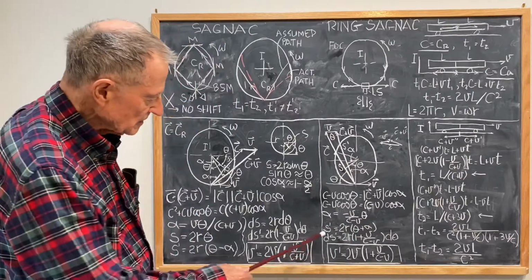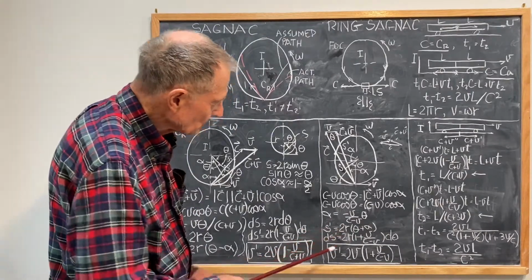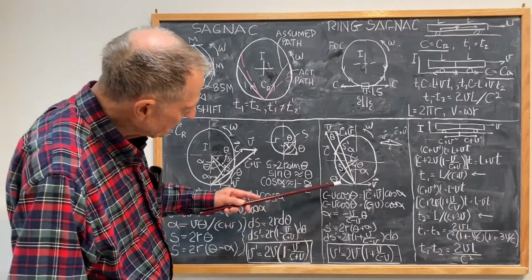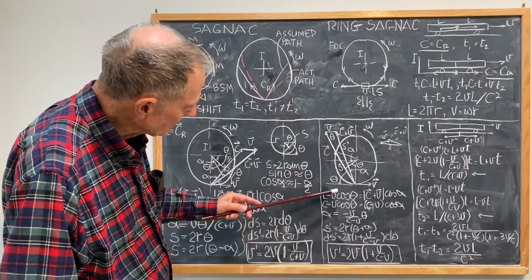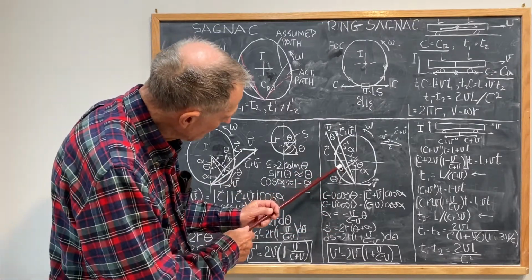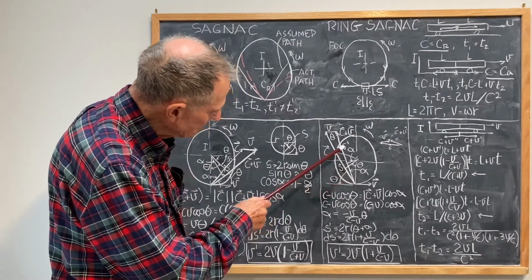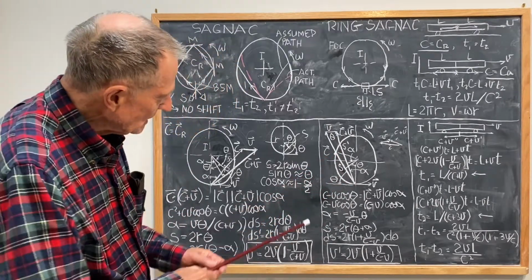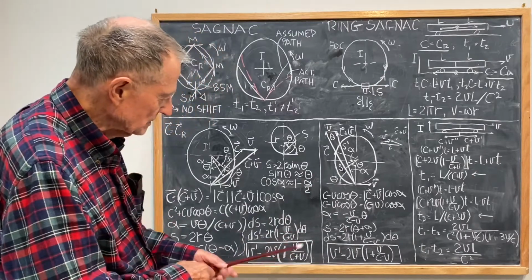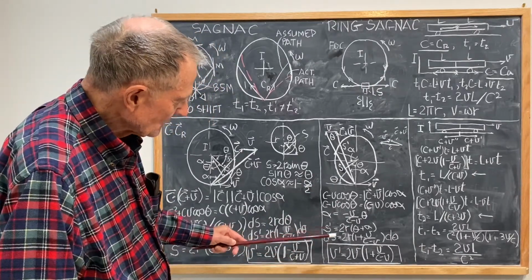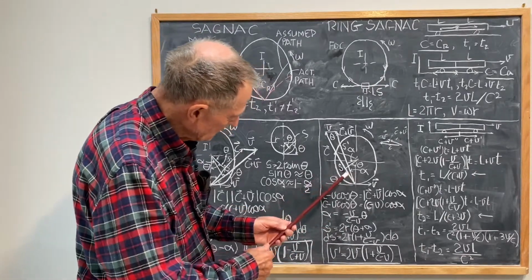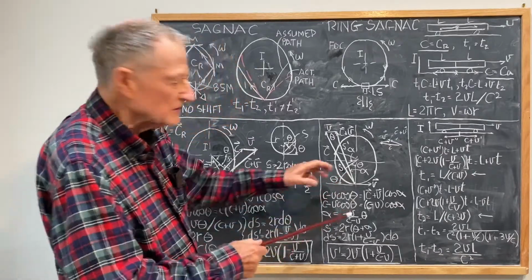Then again, s prime, let's see, this is s, and this is s prime. In this case, s prime is longer than s. Alpha is in a different position on the other side. In this case, you have to look at the geometry.